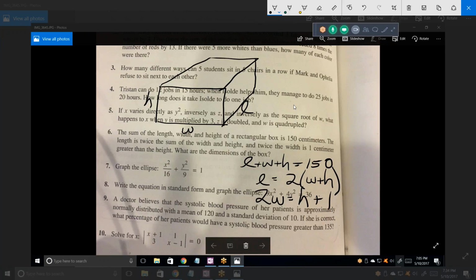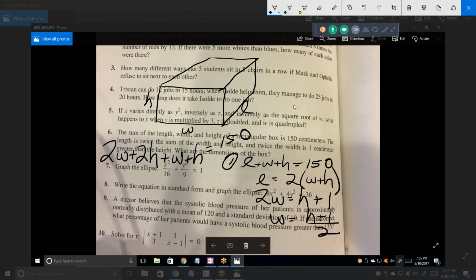So I'm going to go to equation number 1. And wherever I find L, I'm going to substitute that. So I got 2W plus 2H. That's my L. Plus W plus H equals 150. Now I'm going to go down to this third equation, and W is H plus 1 over 2, right?